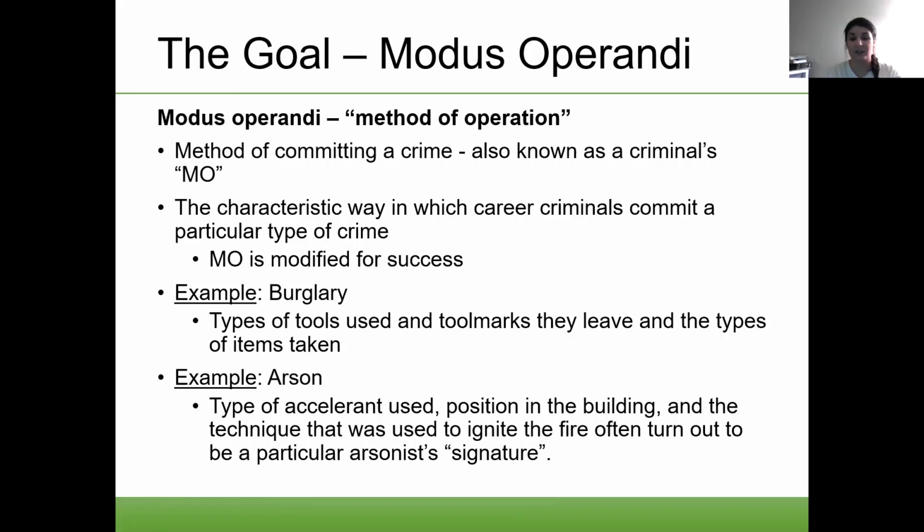So let's say a person is sexually assaulting someone and they take a picture during the act and they use it so that the victim is embarrassed or feels terrible about it.